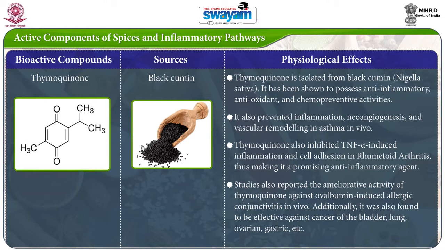Studies have reported the ameliorative activity of thymoquinone against ovalbumin induced allergic conjunctivitis in vivo. Additionally, it was also found to be effective against cancer of the bladder, lung, ovary, stomach, etc.